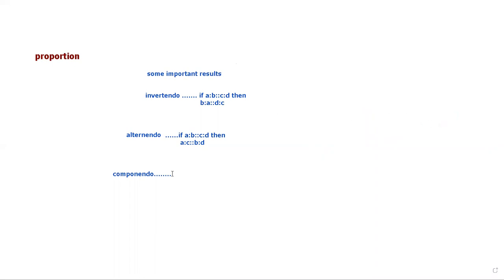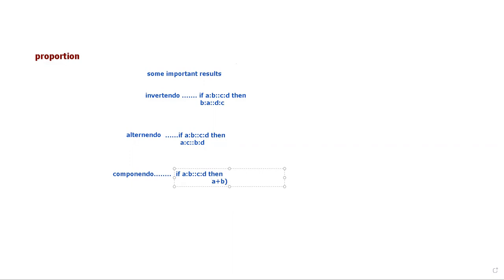Okay, this result is called componendo. If we have A is to B as C is to D, then we can also write it as A plus B, but we have to write these in brackets.